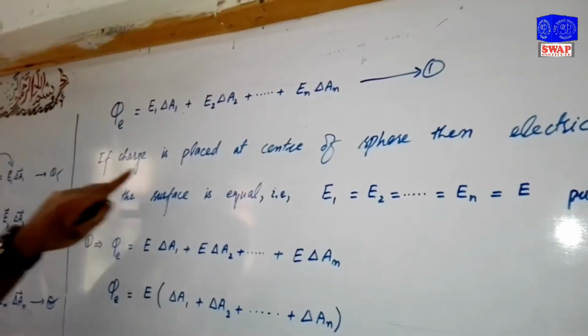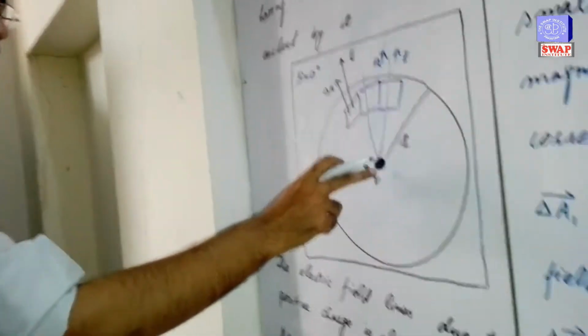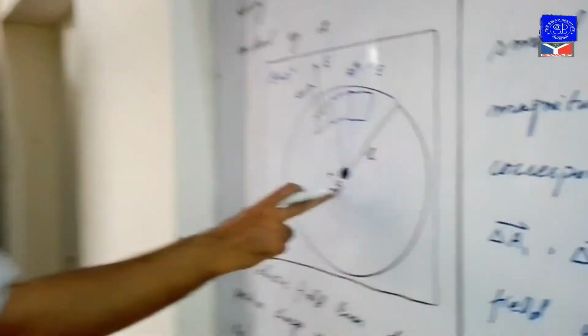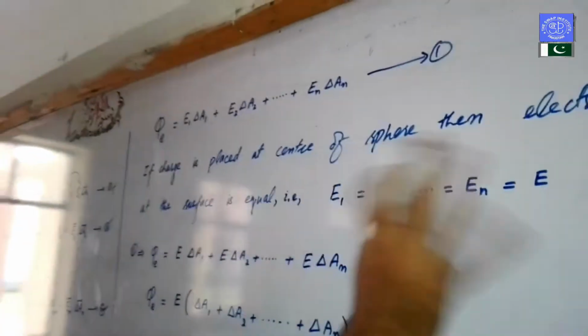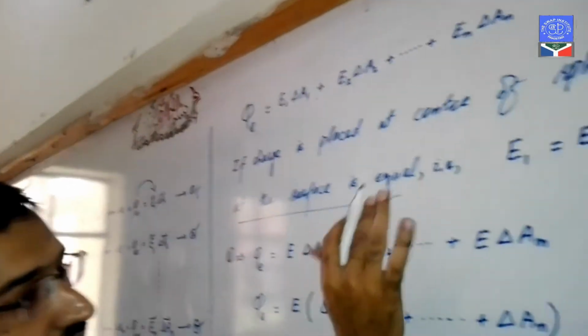If the charge is placed at the center of the sphere, as in this figure, we can say that the electric field at the surface is equal.